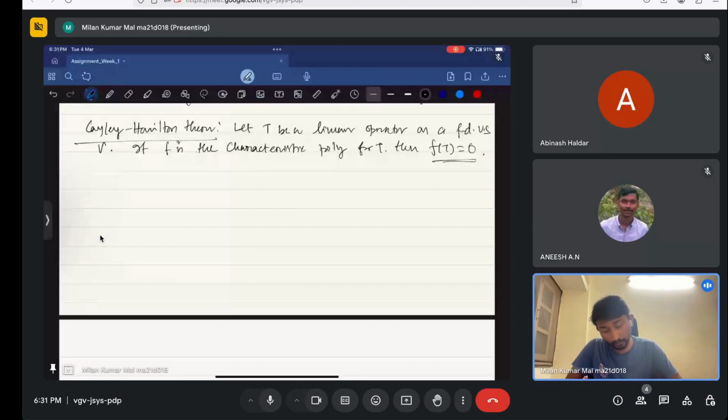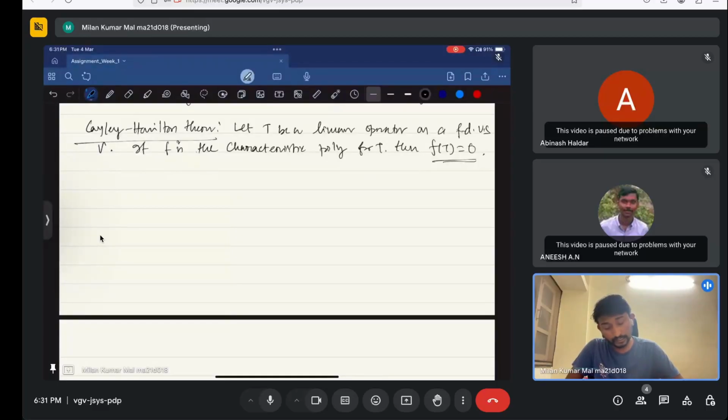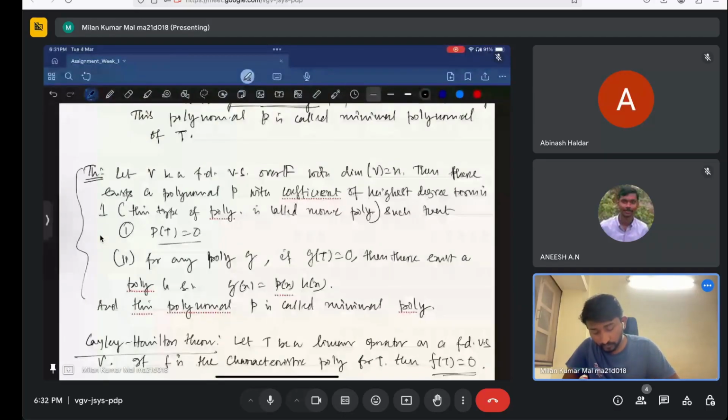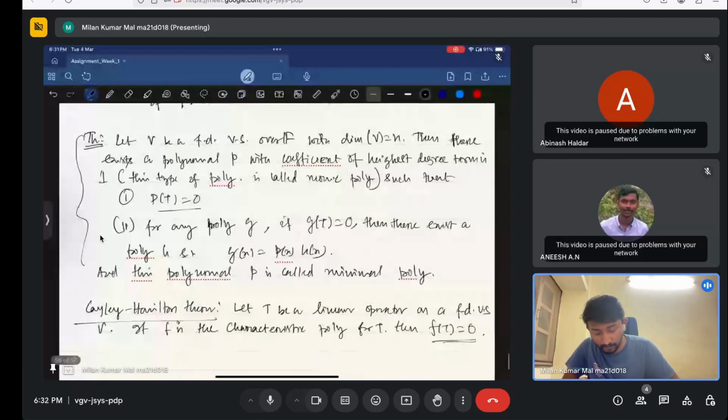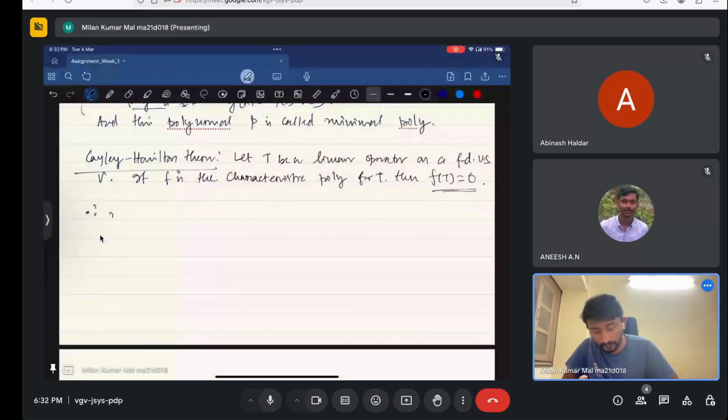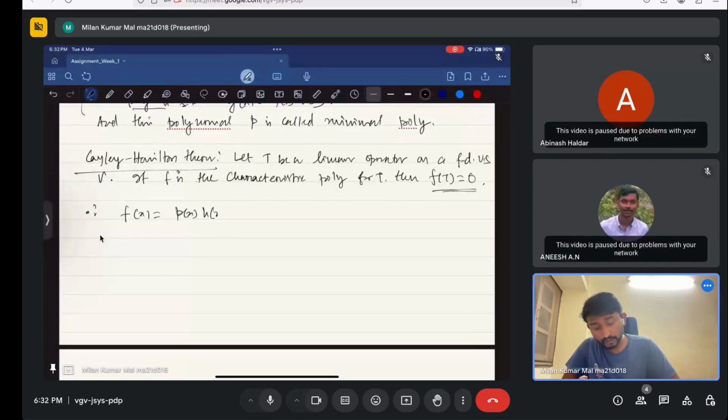So why I'm writing the Cayley-Hamilton theorem here is that the first theorem says a linear operator T will have a minimal polynomial. And the second characteristic of the minimal polynomial says that if g is any polynomial with g(T) equal to 0, then there exists a polynomial h such that g(x) equals p(x) h(x). Therefore the minimal polynomial p will divide f, that is, f(x) is equal to p(x) h(x) for some polynomial h.